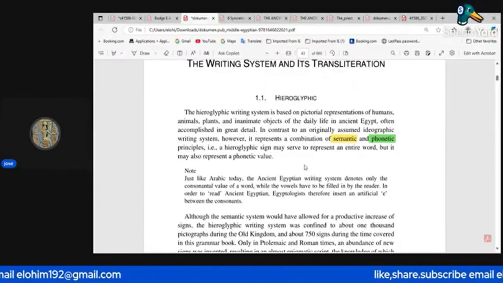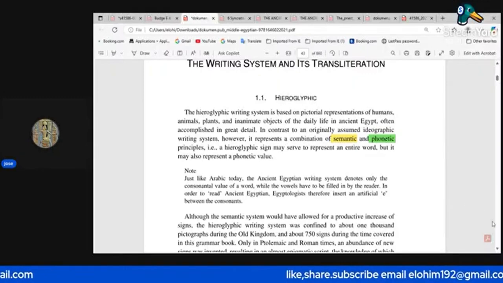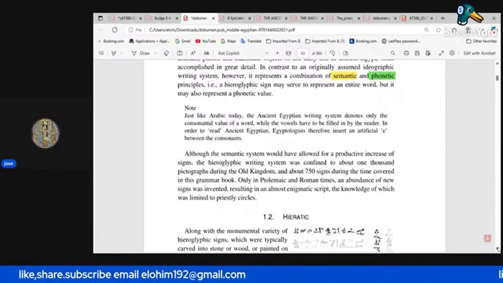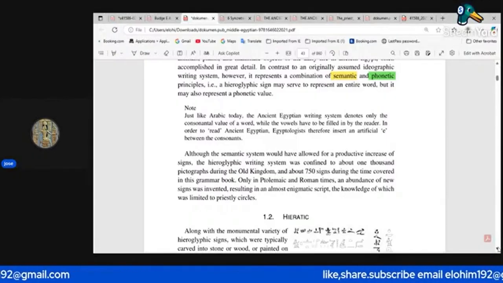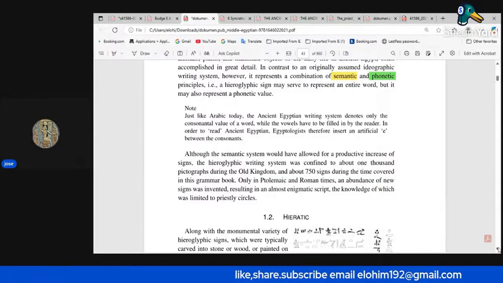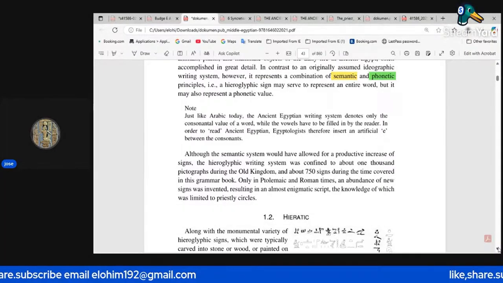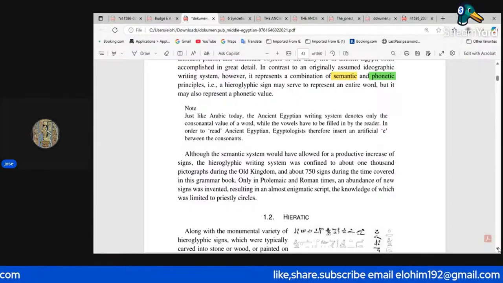Hieroglyphic signs may represent an entire word, but they may represent a phonetic value. Just like Arabic today, the ancient Kemetic writing system denotes only the consonantal value of a word, while the vowels have to be filled in by the reader in order to read ancient Kemetic. The proper language is Medu Necha, which means words of the Necha.